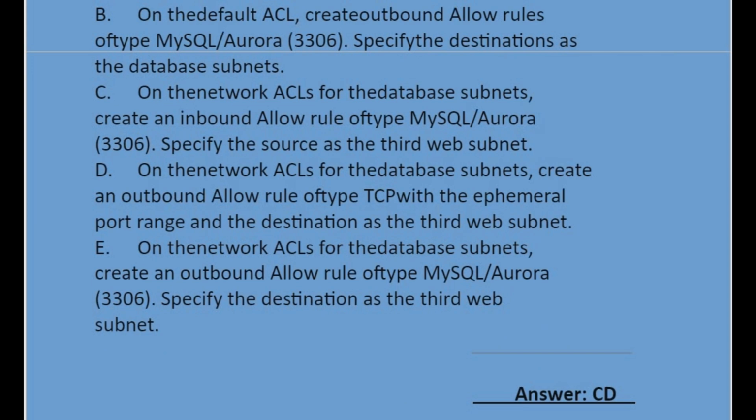Option E. On the network ACLs for the database subnets, create an outbound allow rule of type MySQL or Aurora 3306. Specify the destination as the third web subnet. Correct answer is option C and option D.